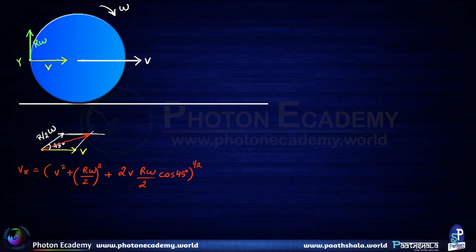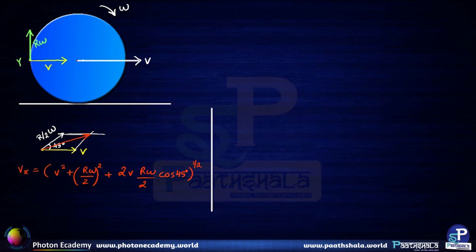So as far as point y is concerned, if we are to analyze point y, then in such a case we would write down directly velocity of y is going to be equal to (r omega) the whole square plus v square, whole raised to half. So essentially this is going to be the velocity of the point y, simply speaking.